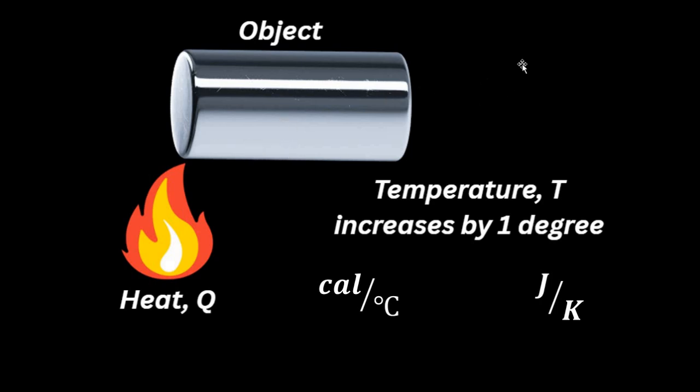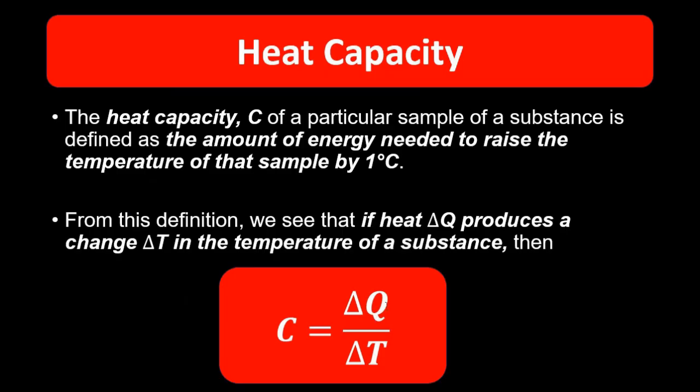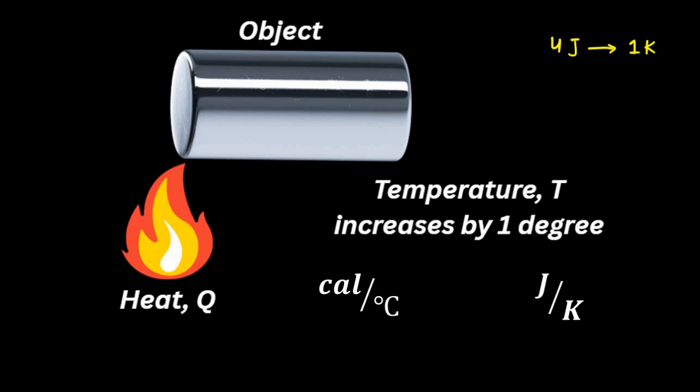Suppose I supply, let's say, 4 joules of energy, and the temperature increases by 1 Kelvin. So the heat capacity is 4 joules of heat energy Q, which is supplied for a temperature increase of 1 Kelvin. So it is 4 joule per Kelvin.